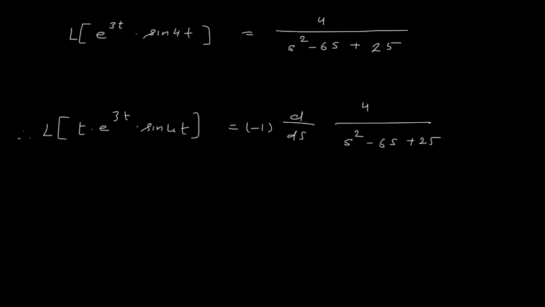So this will be equal to minus 4 into the derivative, because it is u upon v: the derivative of u becomes 0, minus u into the derivative of v. So this is 2s minus 6 upon s square minus 6s plus 25 the whole square.